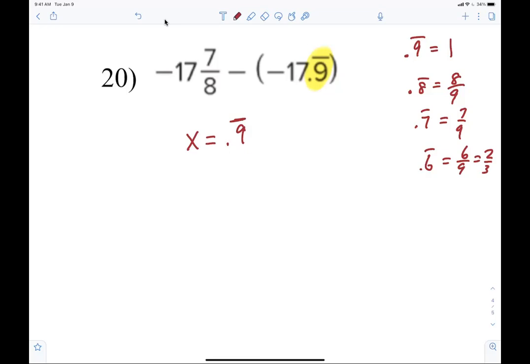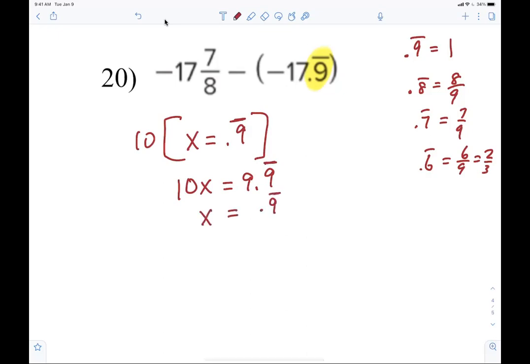Now, I'm going to multiply both of these by 10. If I multiply both of those by 10, I get 10x is equal to 9.9 repeating. Do you agree with that? That makes sense, correct? Everybody okay with that? Now watch. I'm going to put x right underneath it, but this time I'm going to subtract these two things.